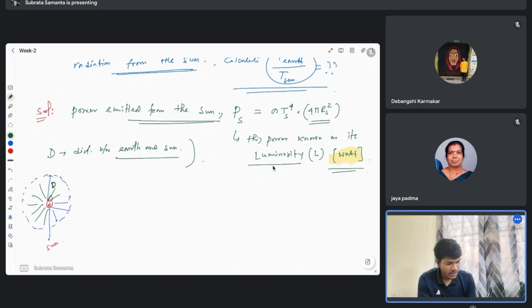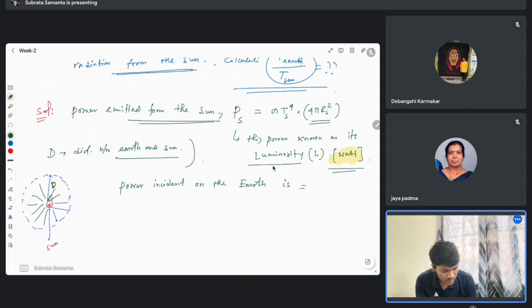So that means the power incident on the Earth is this luminosity L times, so this luminosity is distributed uniformly over a spherical surface of radius d, right?